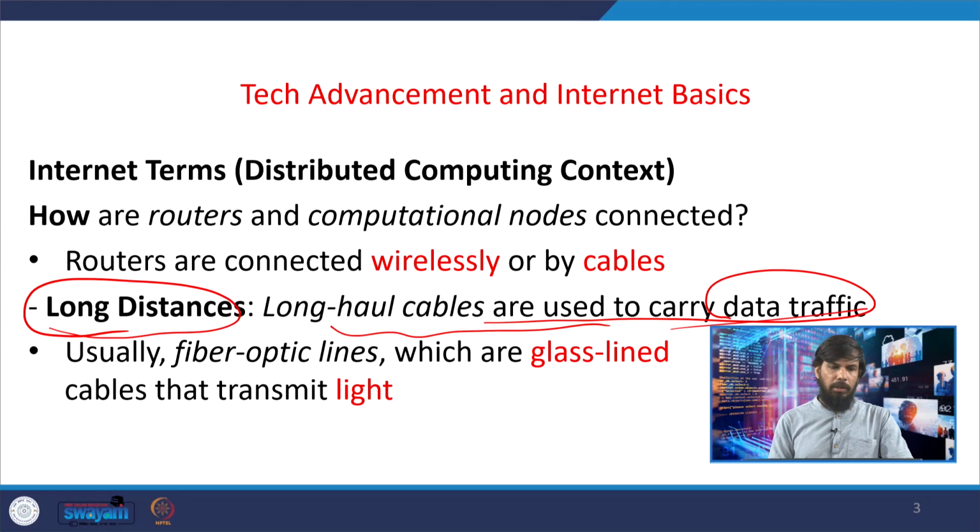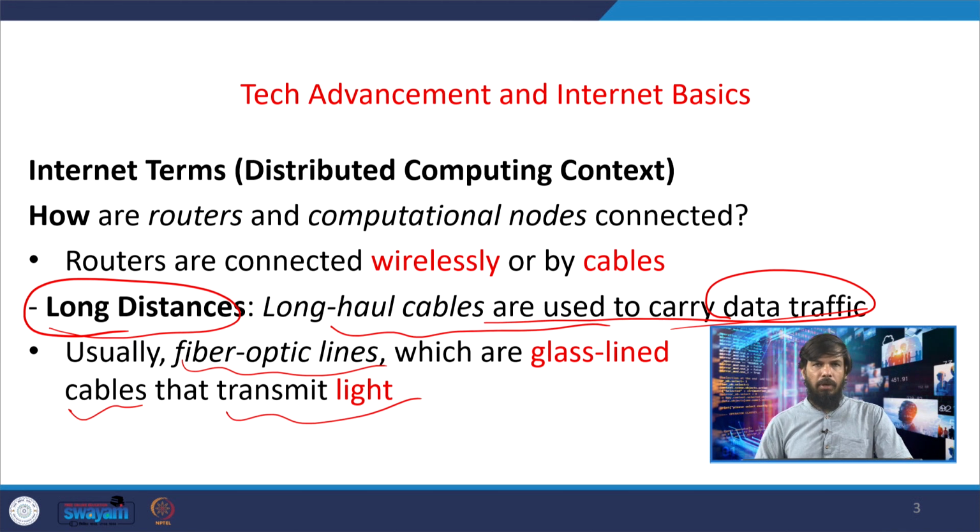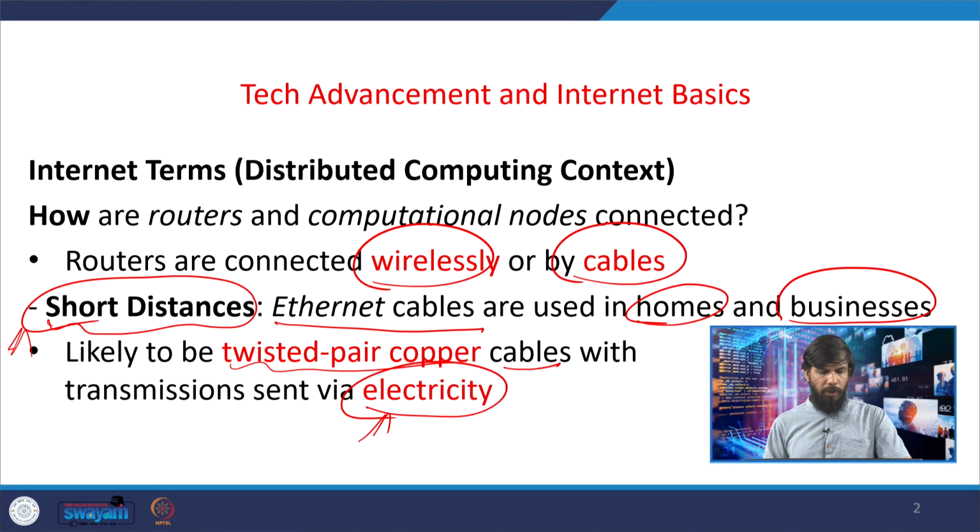Usually these are fiber optic lines, which are actually glass lined cables, and transmit light. Light is obviously much more superior in terms of transmitting data when we compare it with electricity and twisted pair copper cables.